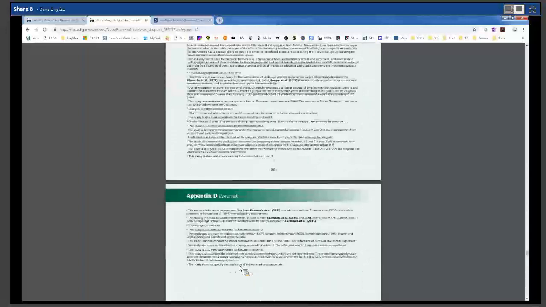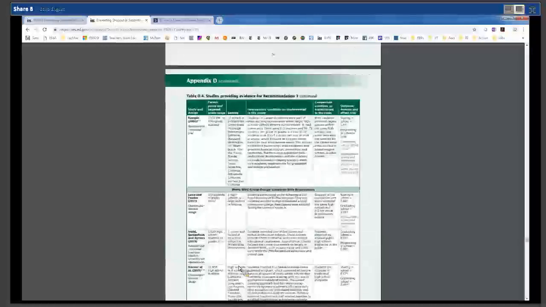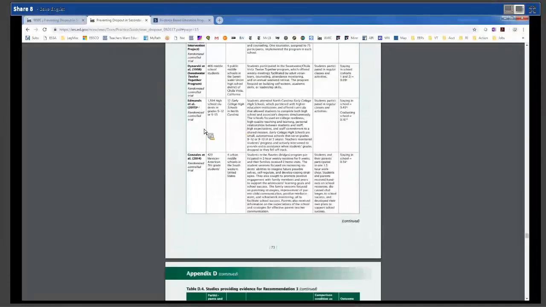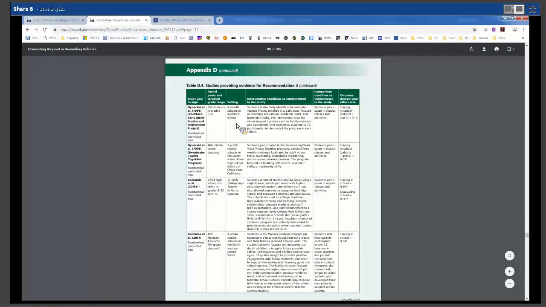But when you're looking at the sample and the setting specifically, you need to look at Appendix D. Appendix D of these guides is sorted by recommendation. So for recommendation 3 in Appendix D, we see different studies listed for each row, and then we see a column that describes the participants, the settings, and the outcomes.